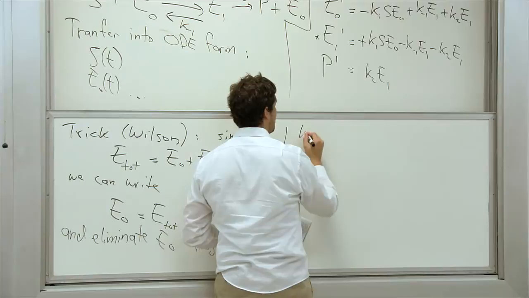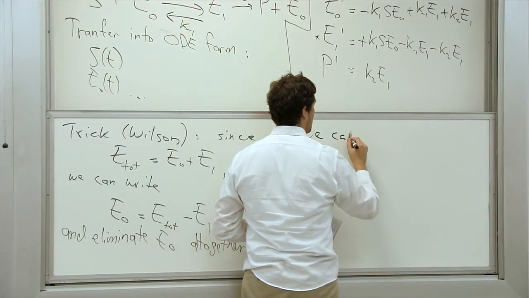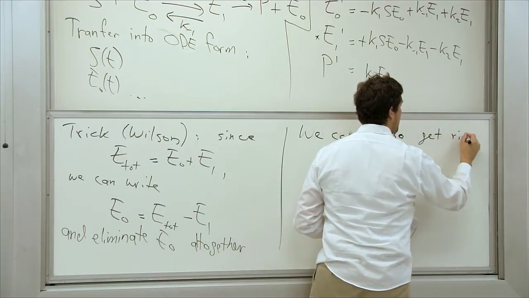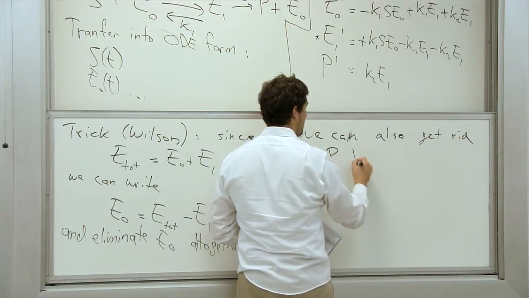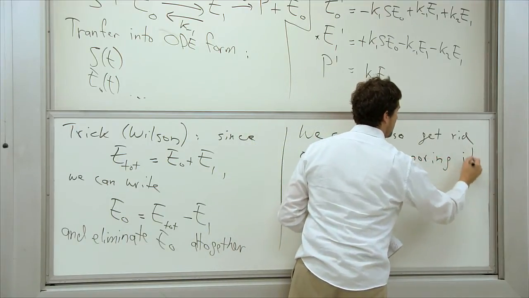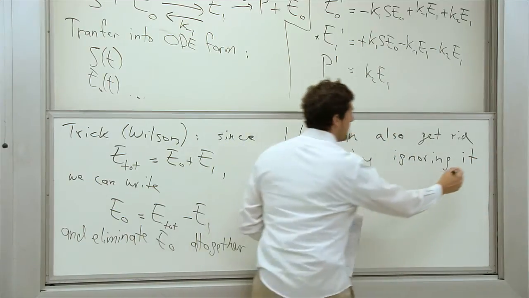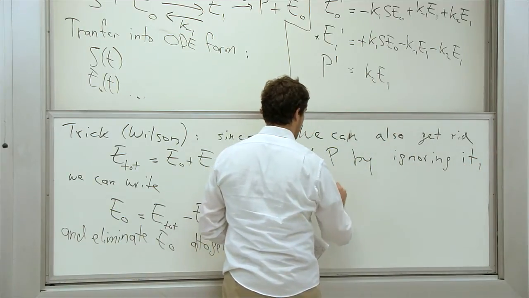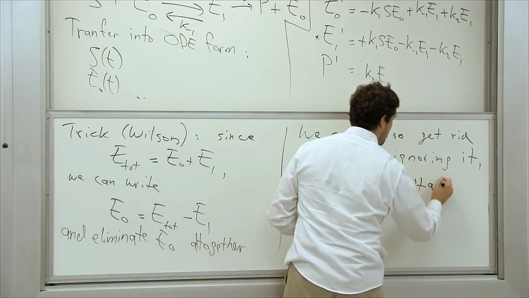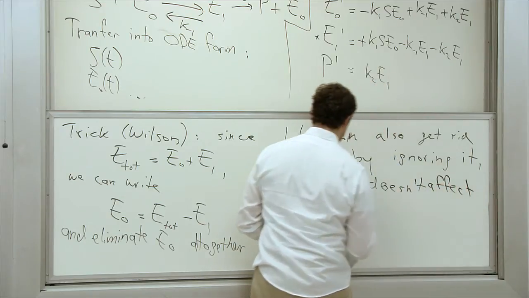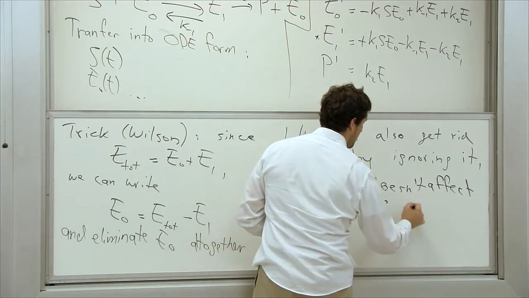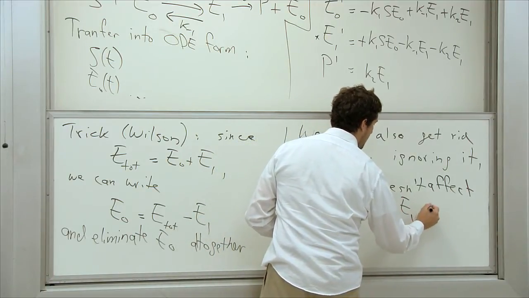So we can also get rid of P by ignoring it, since it doesn't affect the dynamics of E1 and S.